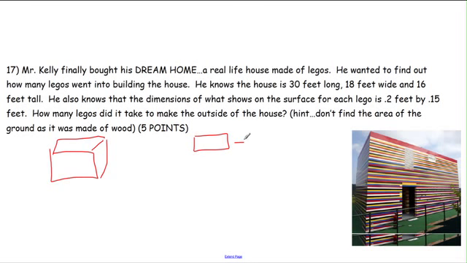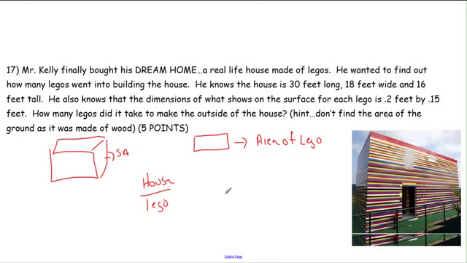So I need the area of this Lego, and it's going to tell me. All right? And then I need the surface area of this house. And I'm going to figure out how many Legos I actually need. And how I do that, I do the house divided by each Lego. And these are the areas respectively. Then it'll give me an answer.